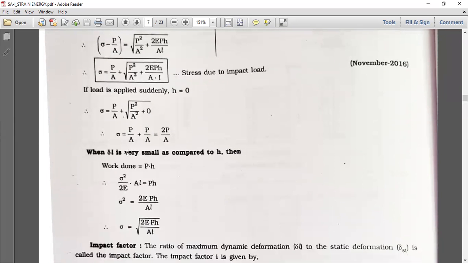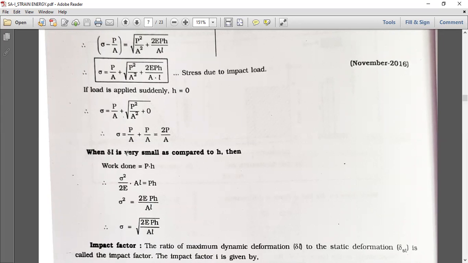Where delta L is very small as compared to h, work done is equal to P into h. From the work done equation, sigma square into AL upon 2E is equal to work done, P into delta L plus h, but delta L is negligible.